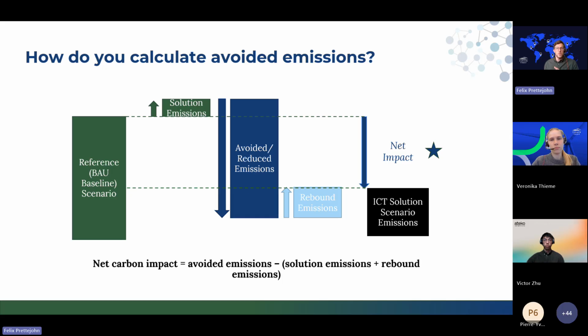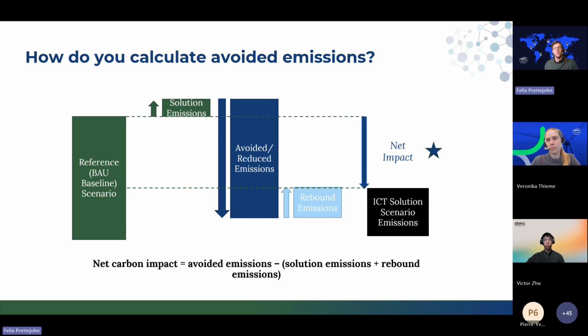So the solution emissions, these are the life cycle emissions of the solution itself. So we had to introduce an ICT solution to get this impact, but that itself has emissions. So that's the footprint of the overall solution. Then we have the avoided emissions. So this is, for example, if you're eliminating waste, this would be the emissions that didn't occur because that waste had been eliminated.